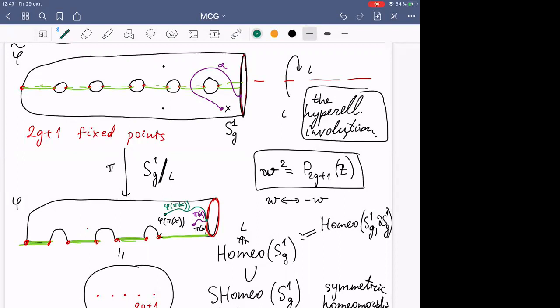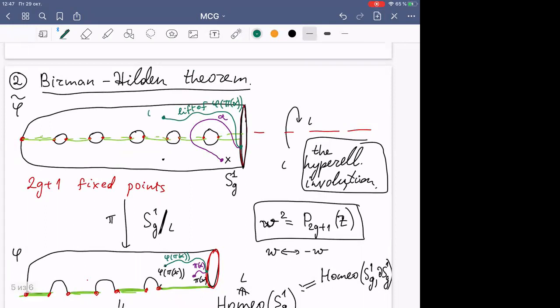But now I have the only possibility of lifting this arc upstairs. So this is the lift of phi of pi of alpha, and when I lift it, I see that I come to one of the pre-images of phi of pi of x, and this one must be chosen for phi tilde of x.